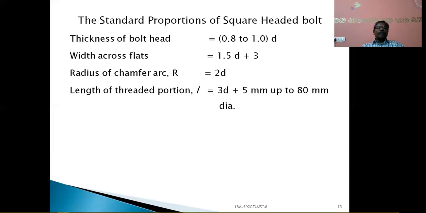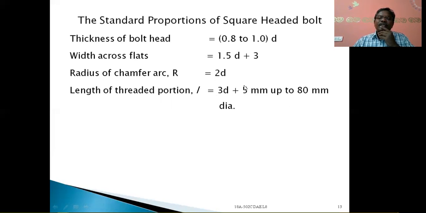The length of the threaded portion L: in the previous case it was 2D plus 5 up to an 80 mm bolt, 2D plus 10 mm from 80 to 200 mm bolts, and above 200 it is 2D plus 20. But now here L is equal to 3D plus 5 up to 80 mm.